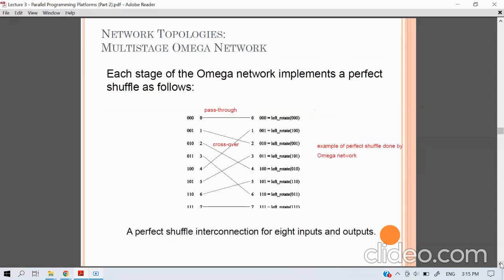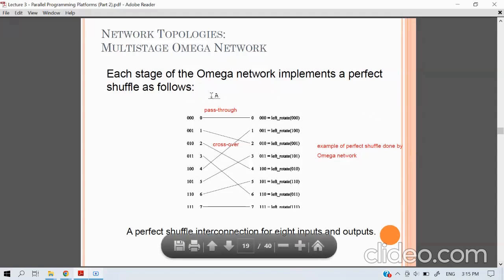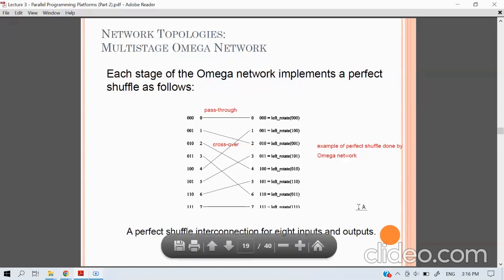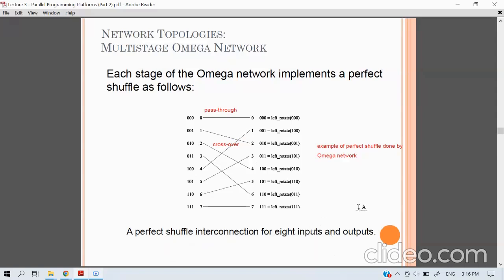Okay, so this is an example implementation of a multi-stage omega network. Each stage of the omega network implements a perfect shuffle as follows. There are two types of switch connection, pass-through and crossover, in a perfect shuffle interconnection for P inputs and outputs.